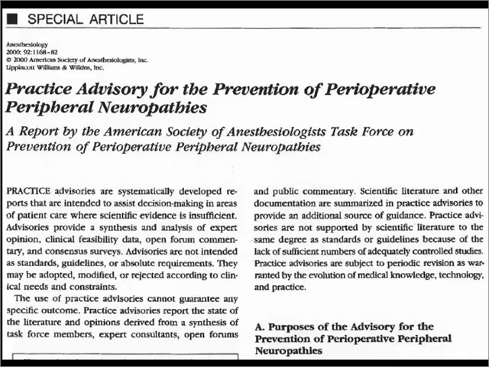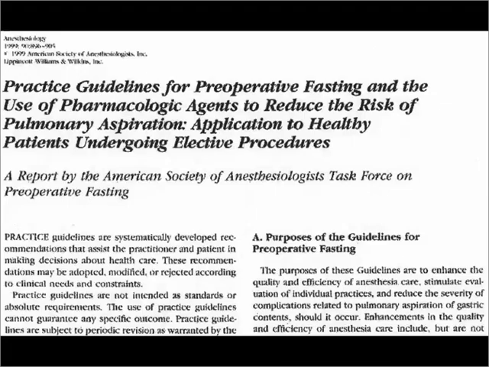The legal cases are very common against anesthesia personnel, and so this is an advisory about preventing perioperative peripheral neuropathies. No guarantees, but if you can show that you did everything that's in this advisory and these recommendations, then you have the best possible defense against a lawsuit for an allegedly permanent peripheral neuropathy.